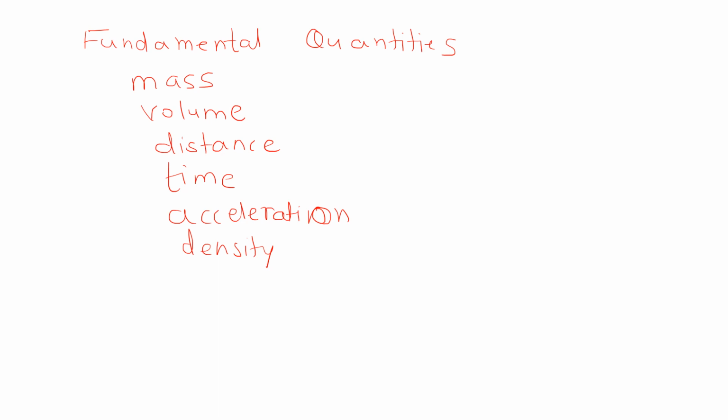Now, what is mass? Mass is a quantity of matter. Is it possible to express it in another physical quantity? No, we don't find. Mass can be expressed as mass only, right? So, it is a fundamental quantity.